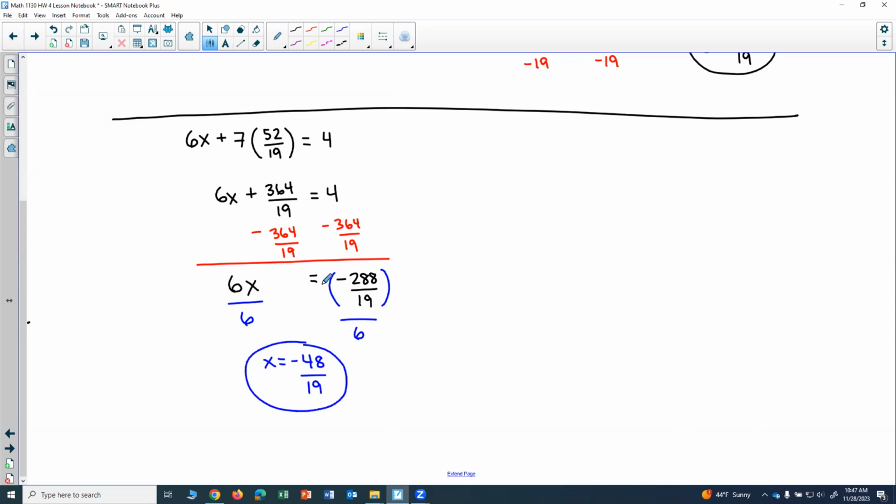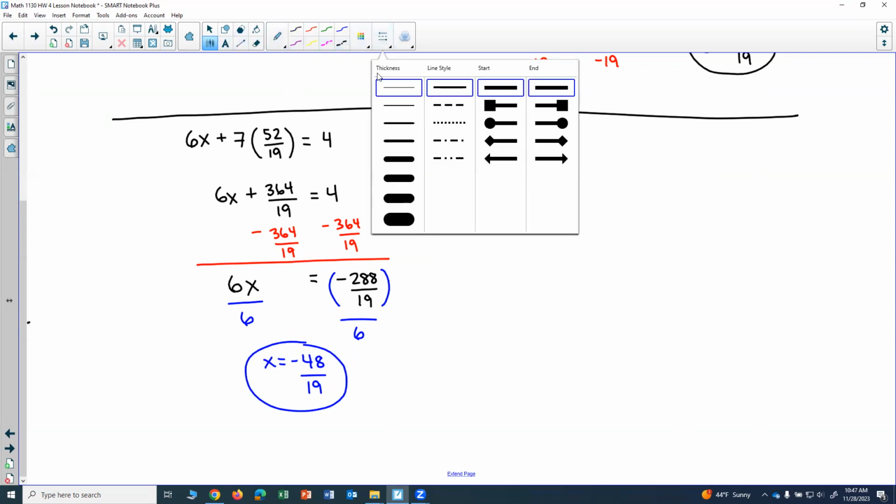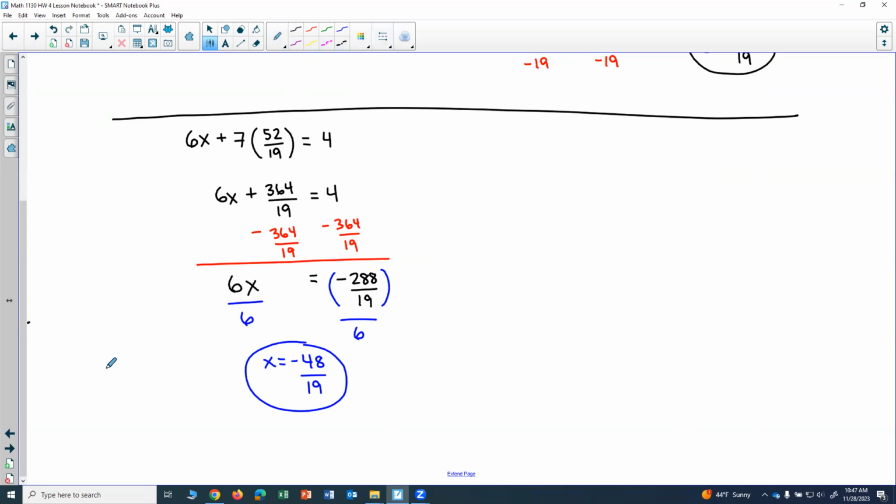All right, so I've got my solution. And now we have to think about previous lessons where we learned how do we check our solution. So first of all, let me write out my solution. My solution was x equals negative 48 over 19 and y equals 52 over 19.